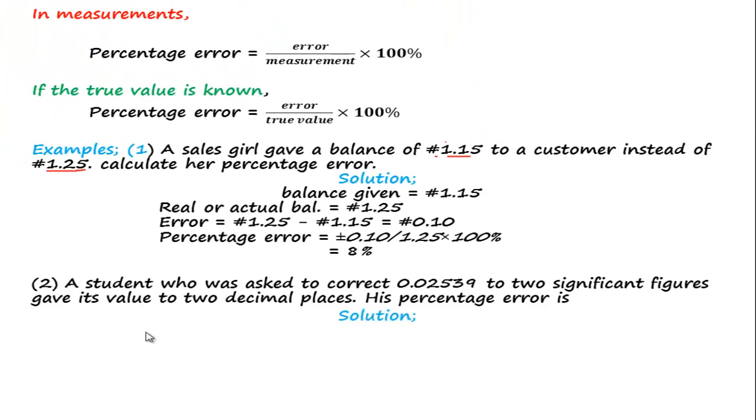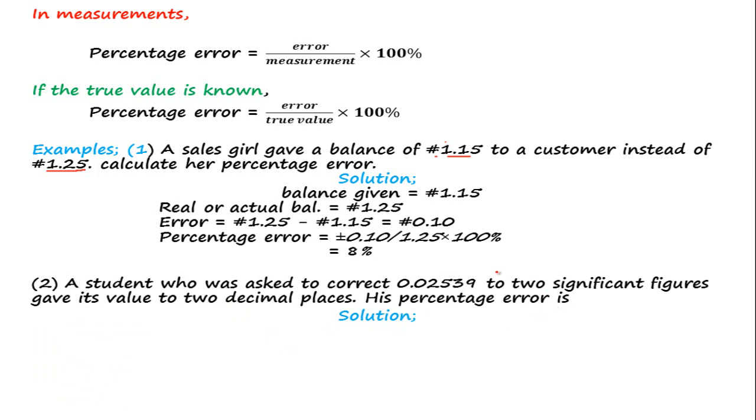Now example 2. A student was asked to correct 0.025392 to two significant figures, but gave its value to 2 decimal places. His error is what? Now this boy actually was given this number, and then he rounded it up.